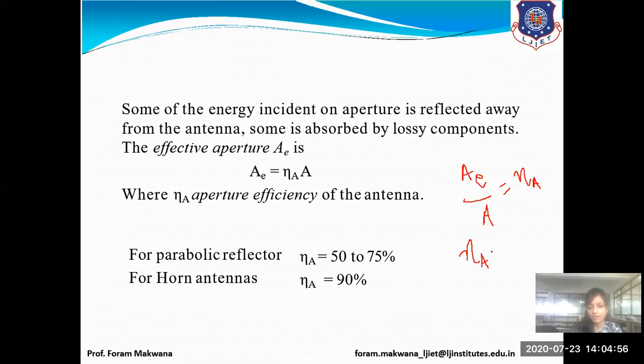We can say that whatever physical aperture is presented, all the area will receive the power.